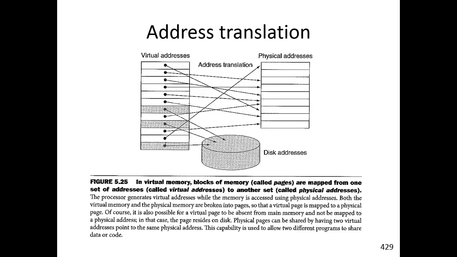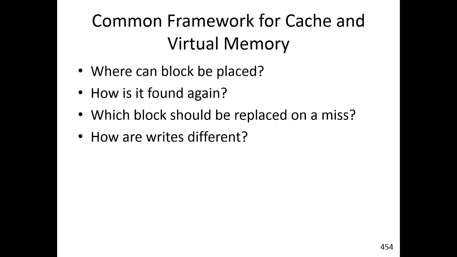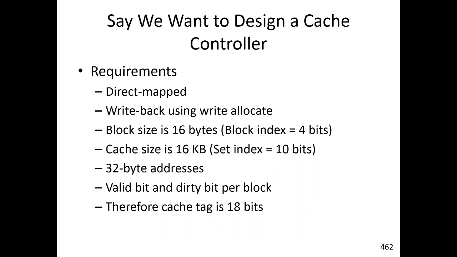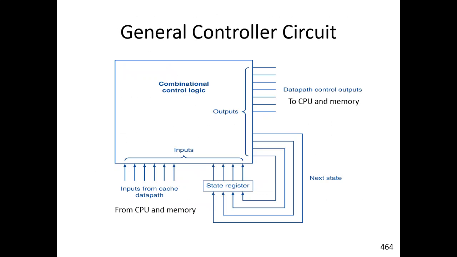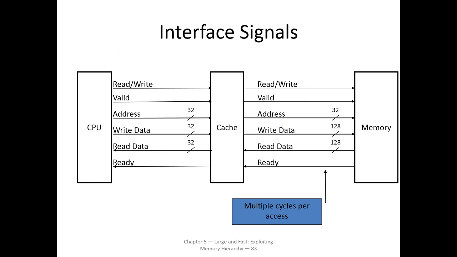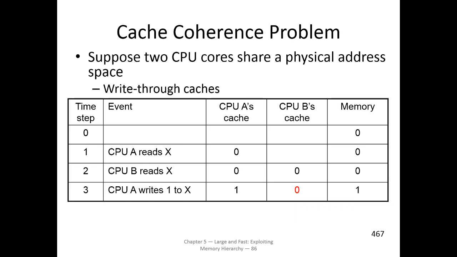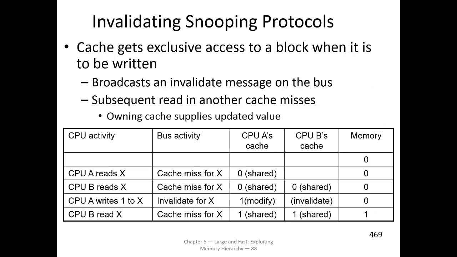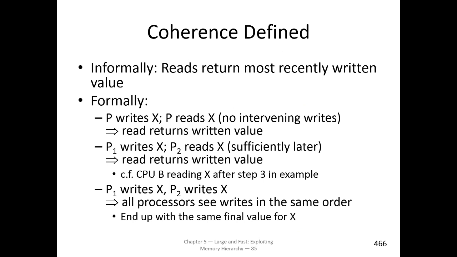All right, we have one more thing to cover, and that's everything for Chapter 5. It gives an example. We talked about designing a simple cache controller and cache coherence. So here's the last thing, and then some examples of actual implementation. These are outdated at this point.